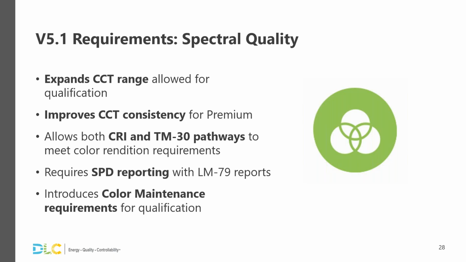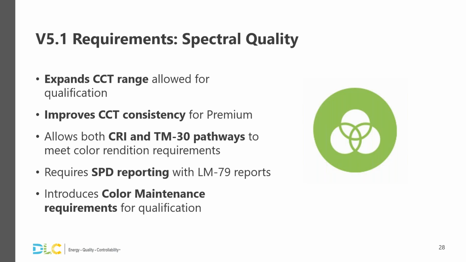The spectral quality requirements in 5.1 focus on color quality aspects like the color of light and the color rendition of objects. It is very important that we include color quality in our requirements, as studies around the world show that color quality directly influences task performance, it relates to occupant safety and well-being, and of course it affects aesthetics.